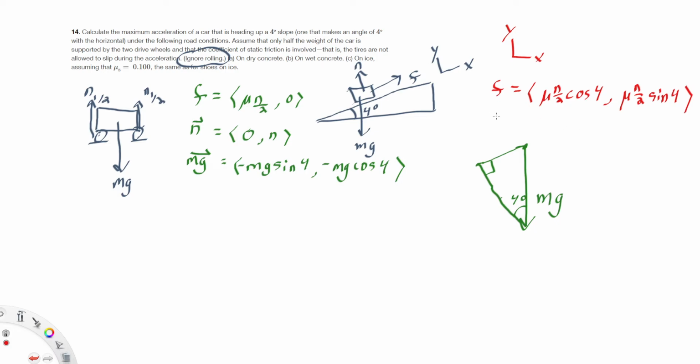And then our normal force would also be in both the x and the y directions. So our normal force is going up and to the left, so its x component is going to be negative.